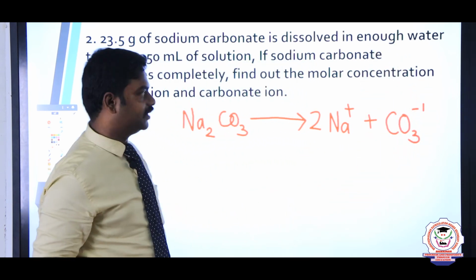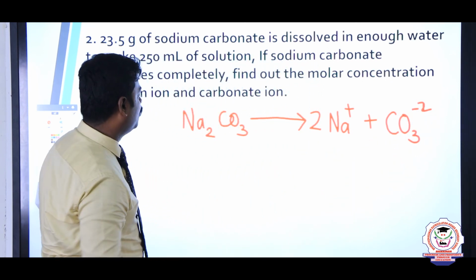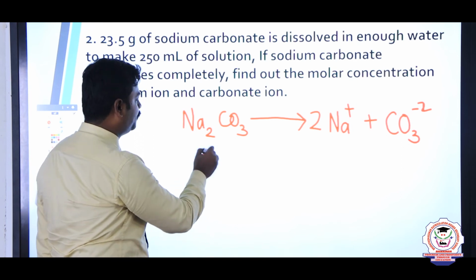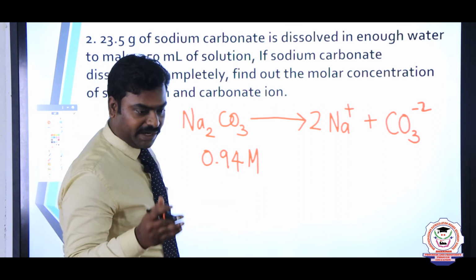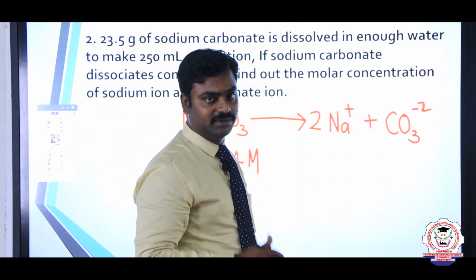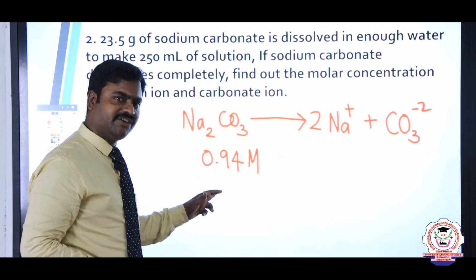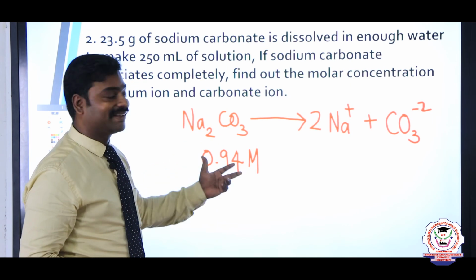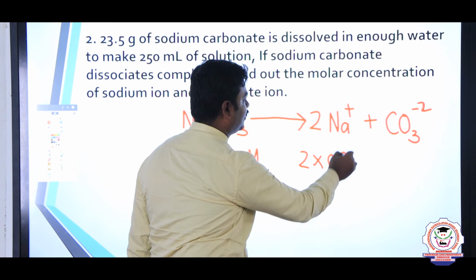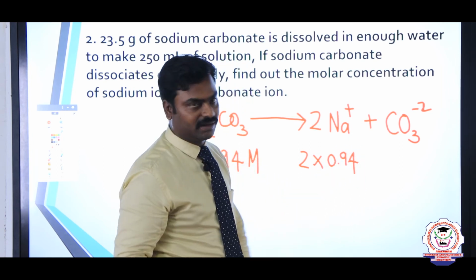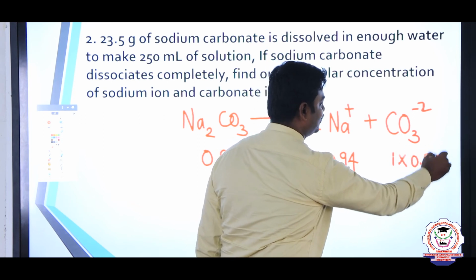See, just now we have found the sodium carbonate molarity as 0.94 molar. See, 1 molecule of sodium carbonate can give 2 Na plus ions. So 0.94 molar sodium carbonate can give 2 into 0.94 molar sodium ion, as well as carbonate 1 into 0.94 only.